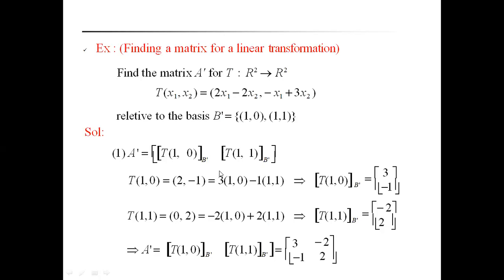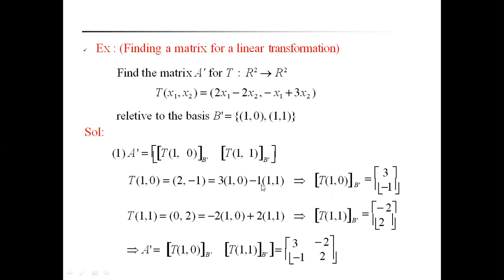This vector can be expressed as a linear combination of the vectors of the basis B dash, that is (1, 0) and (1, 1). That can be written as 3 into (1, 0) minus 1 into (1, 1). That's why (2, minus 1) can be represented as 3 into (1, 0) minus 1 into (1, 1).